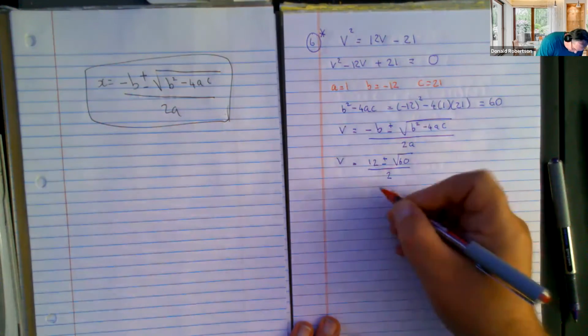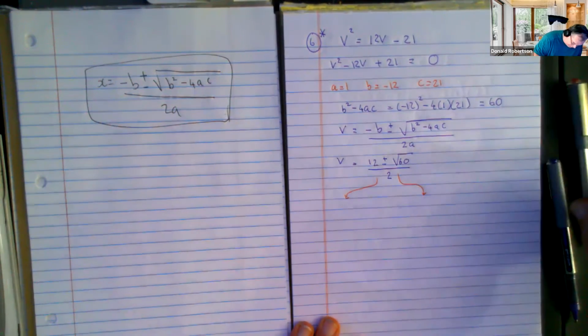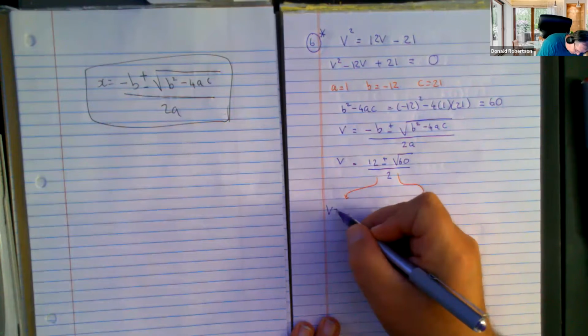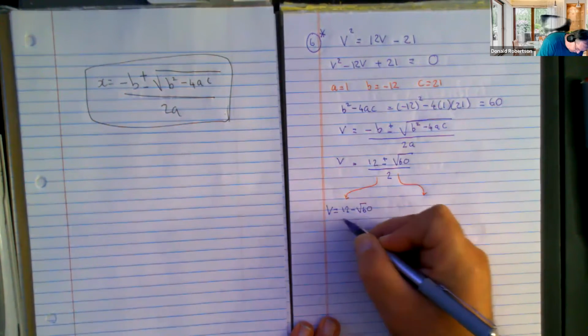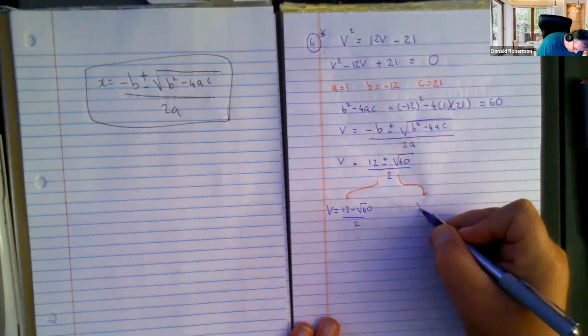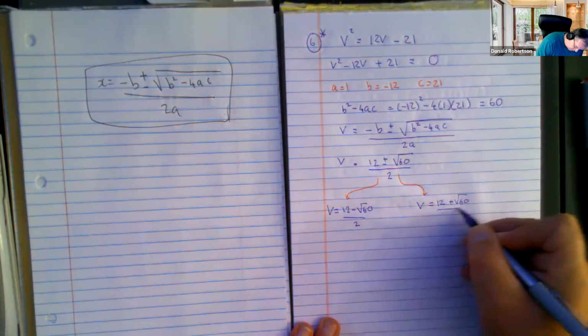And once we get to this, pretty much as you'd expect, we separate it into its 2 distinct solutions. 12 take away square root of 60 over 2, 12 plus the square root of 60 over 2.